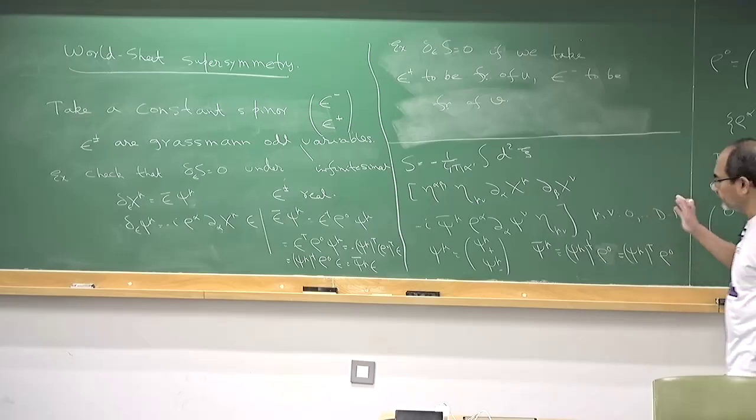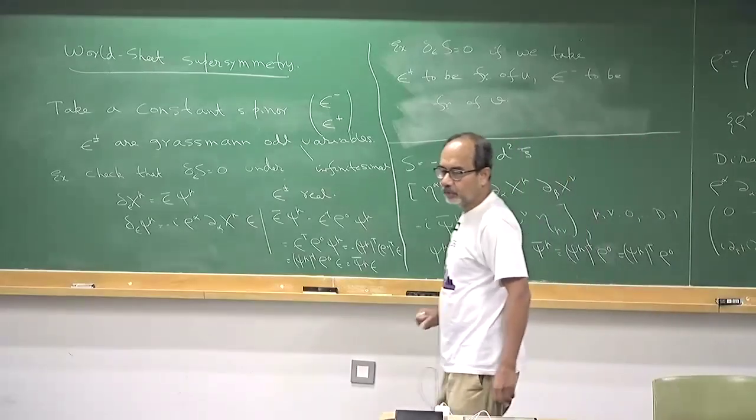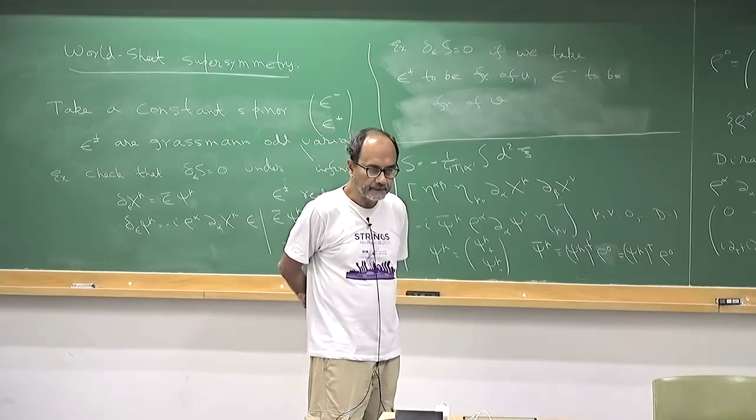Okay, so the action actually simplifies. Instead of writing in this covariant form, you write in the UV coordinates.